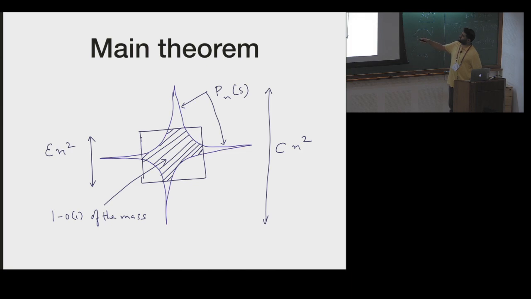But think of this as the polytope, which has a large diameter of Cn squared. However, the mass is largely concentrated inside a very small cube of side length epsilon n squared. This epsilon can be arbitrarily small, but as long as I let n tend to infinity, 1 minus little o(1) of the mass will lie inside this cube.